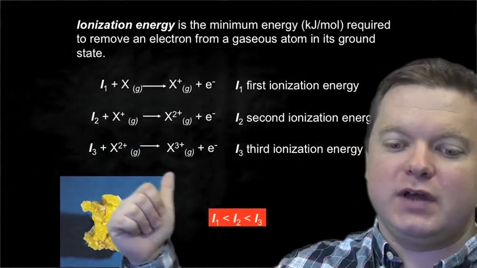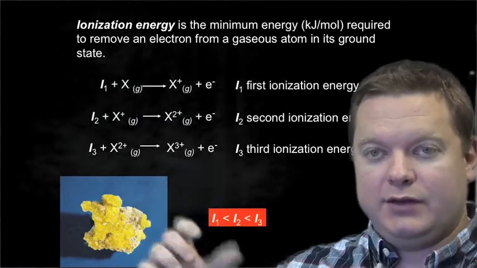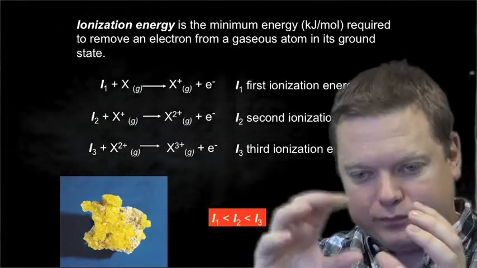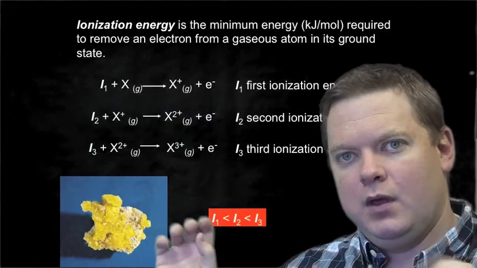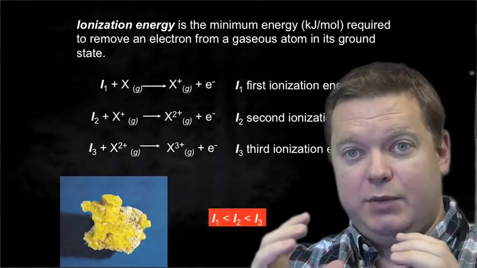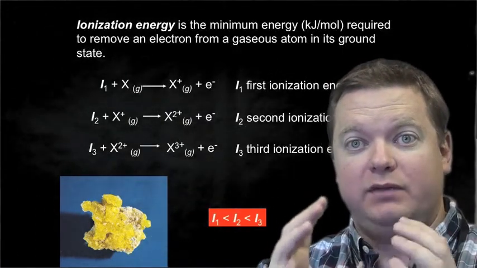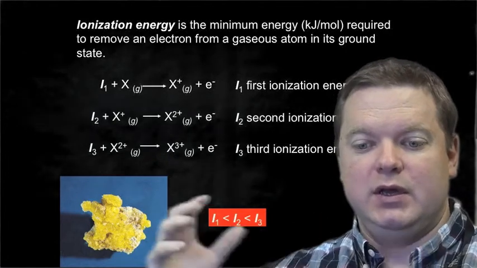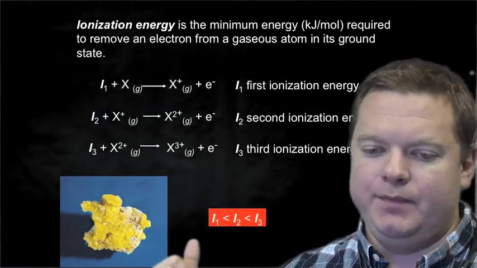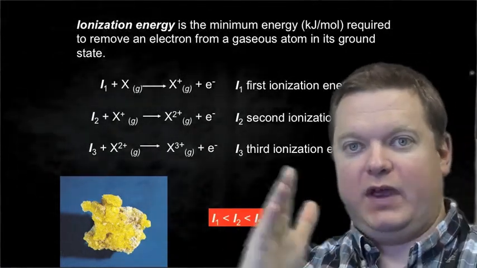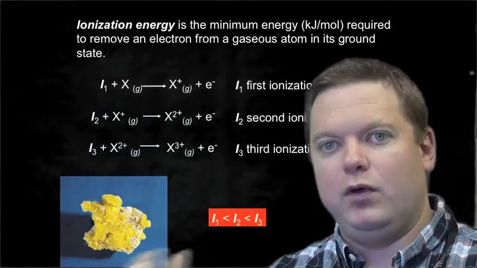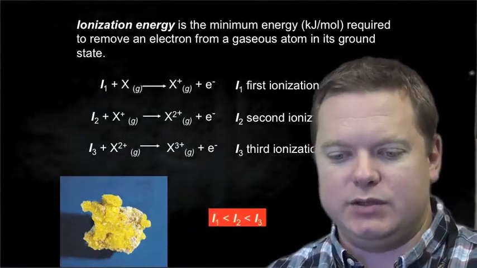So the first ionization, this I1, is taking that neutral atom and removing an electron. The second ionization is taking an electron from that positively charged species to form a 2 plus ion, and so on. So this is a successive removal as we go across these ionizations.